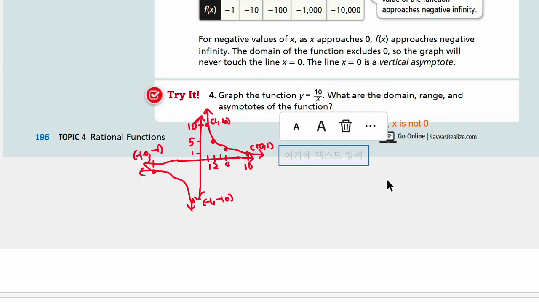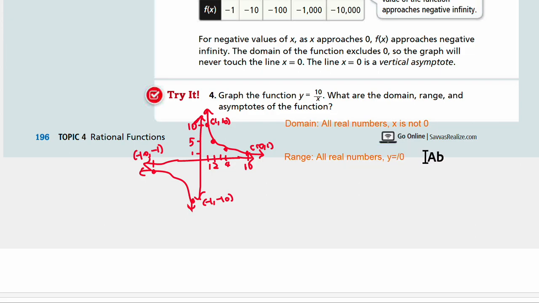And then range is all real numbers, but y is not equal to 0. So this means not equal to. It should be like this. Yeah. And then what else?